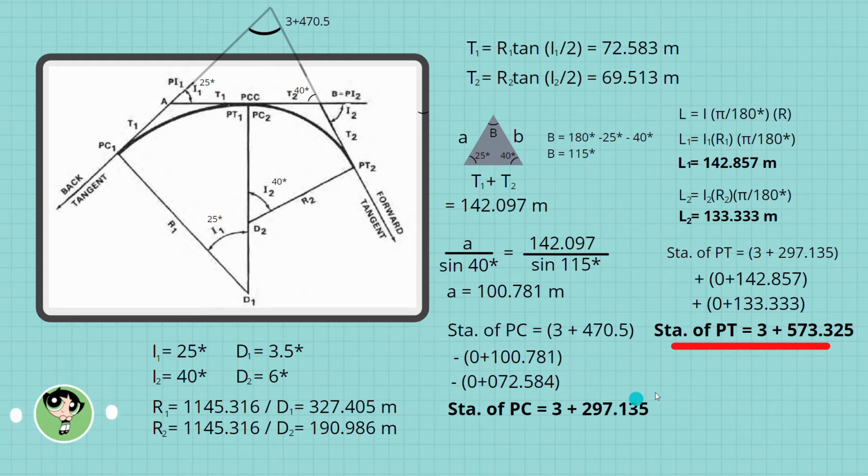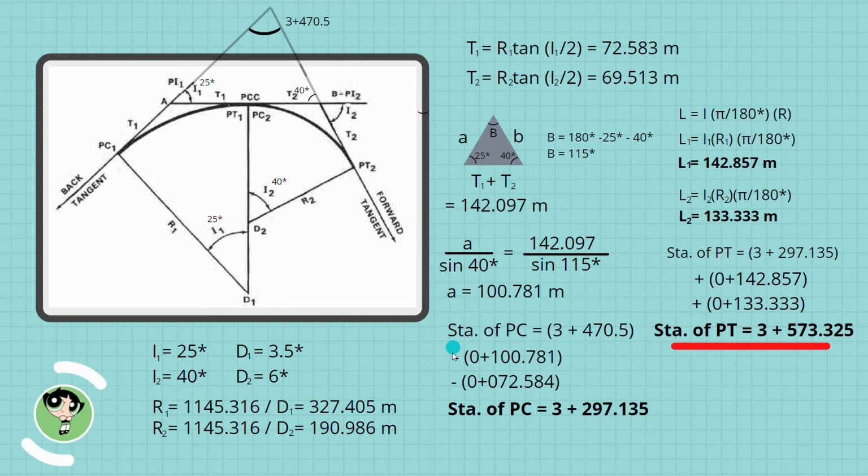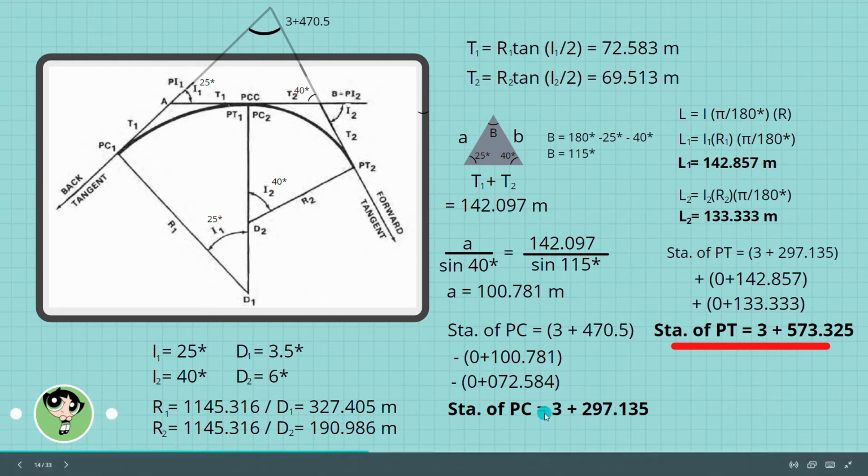Solving, 3,470.5 minus 100.781 minus 72.584 gives us a station PC of 3,297.135.